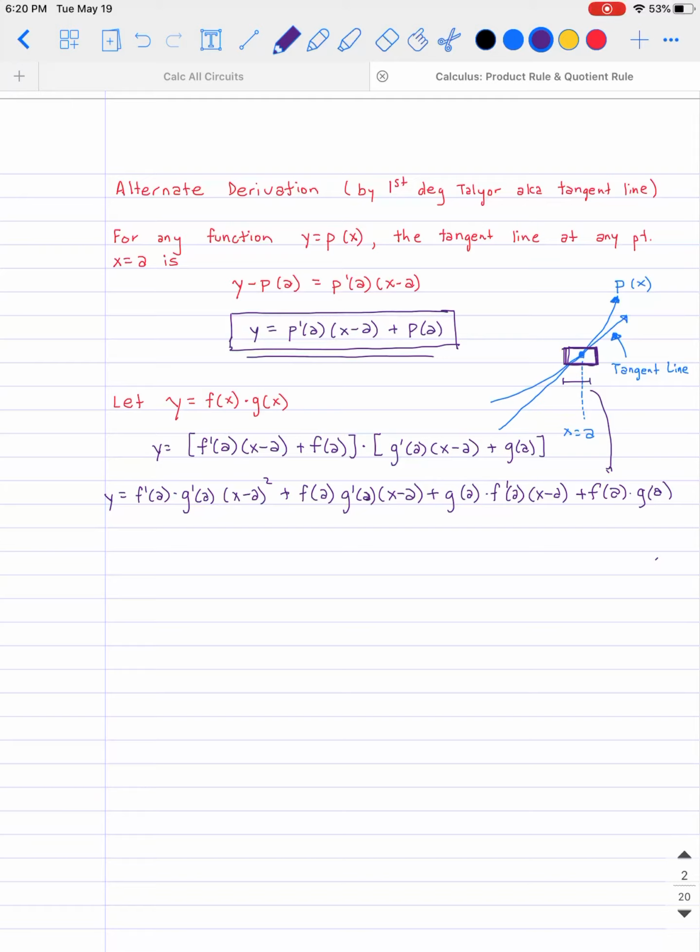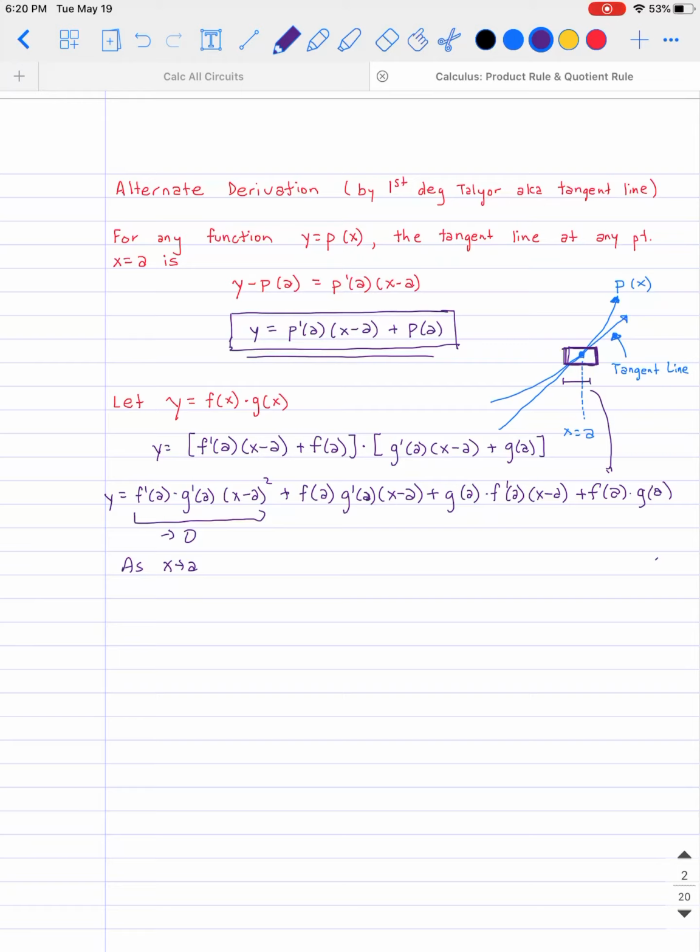Because remember, we want to get as close as possible to the point of tangency, I'm claiming that this term right here is going to go to 0. Let me write that out. As x is approaching a, since we're saying that the tangent line is the same as the curve, we have to make sure that the value of x is as close as possible to a.